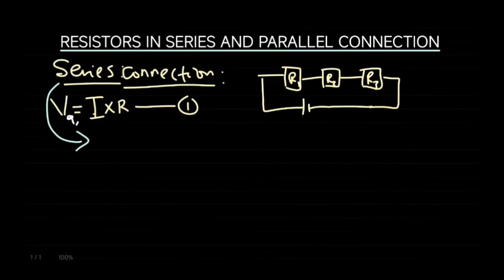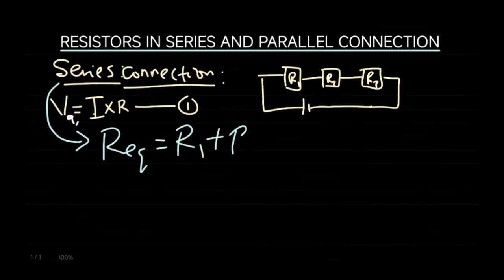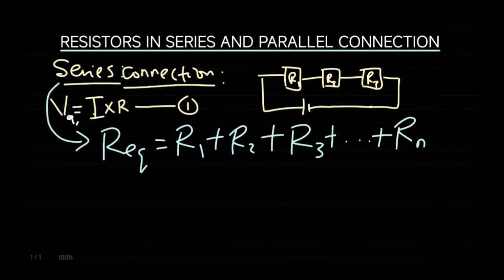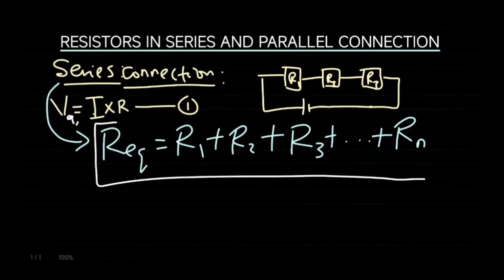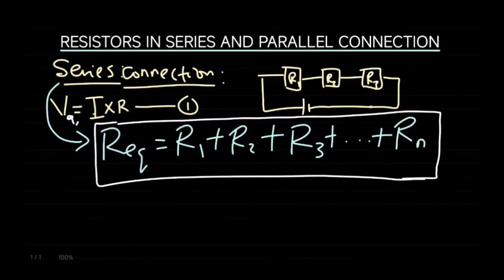Resistors in series connection is given as R equivalent is equal to R1 plus R2 plus R3 plus dot dot dot plus Rn. Please take note. You can use it to solve any problem in series connection.